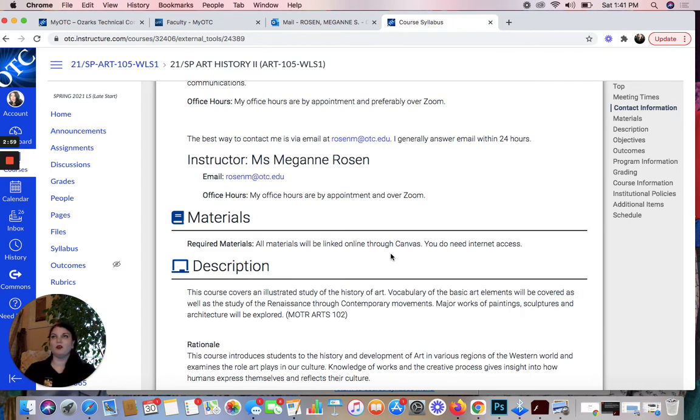When I was in graduate school, I had a couple of professors who didn't let us have laptops in class to take notes on because they wanted us to physically write stuff down because it helped. I don't care if you take notes on your laptop instead, but according to science, if you actually write it down in a notebook, you're more likely to remember it. But anyway, you don't have an external book or anything. All of that material is through Canvas, so you don't have to buy anything extra.